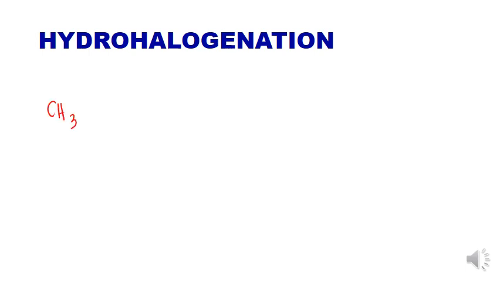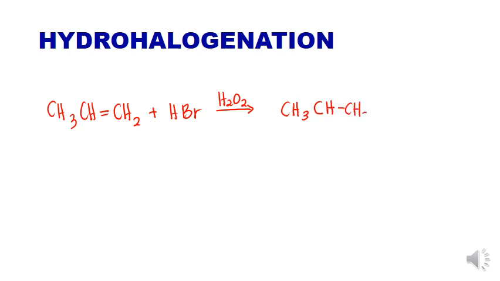So when we have the propene react with HBr in the presence of peroxide such as H2O2, it will produce the product of haloalkane, but the addition of the hydrogen atom to the carbon-carbon double bond will follow the anti-Markovnikov rules, which is the hydrogen atom will be added to the carbon of the double bond with a fewer number of hydrogen atoms, and the bromine atom will be added to the carbon of the double bond with a greater number of hydrogen atoms.